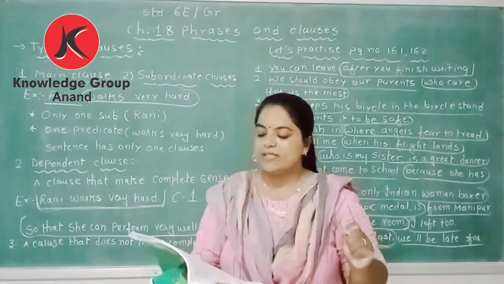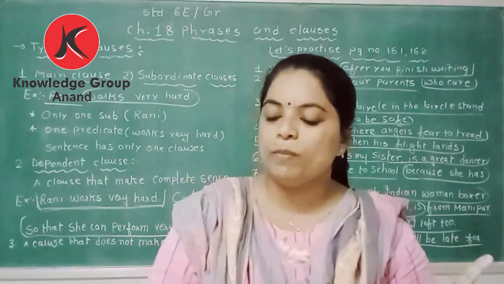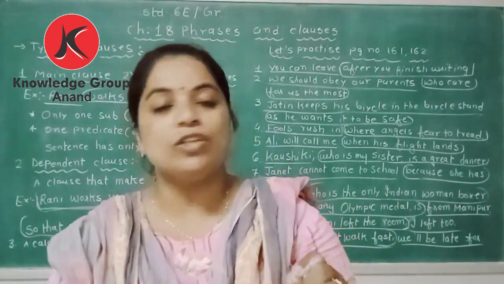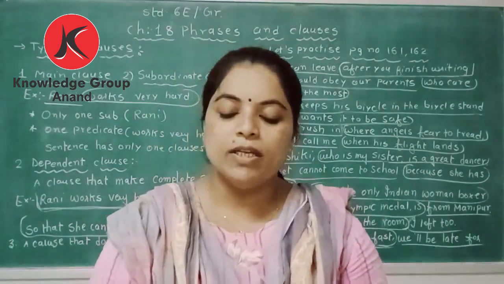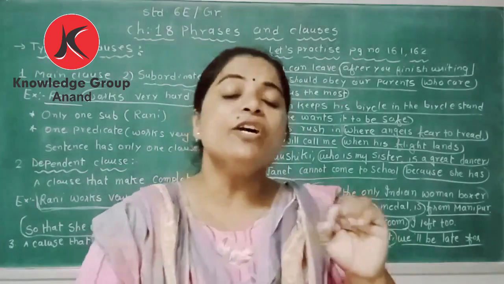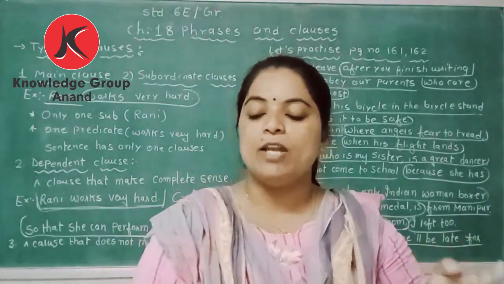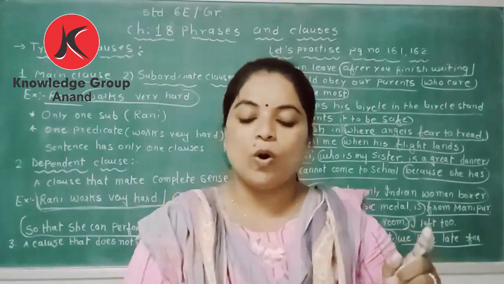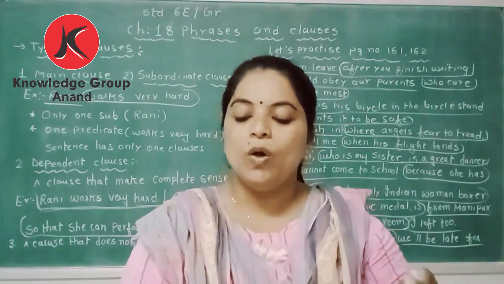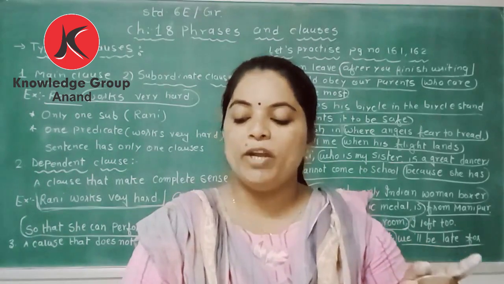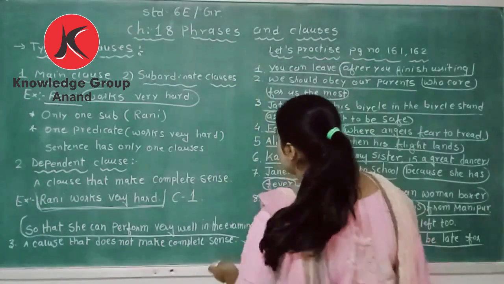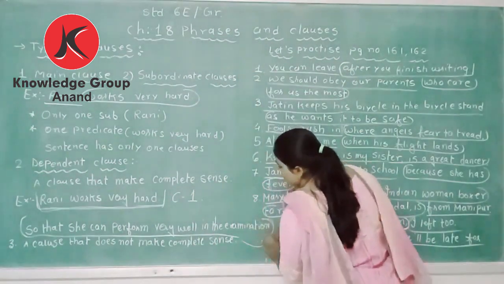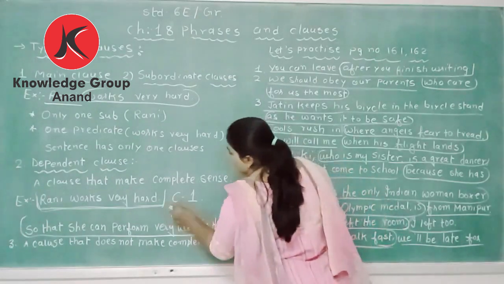What about the second clause? It gives additional information on the purpose of the action. It does not make complete sense and cannot be used on its own. Such clauses are called dependent clauses because they have to depend on the main clause.